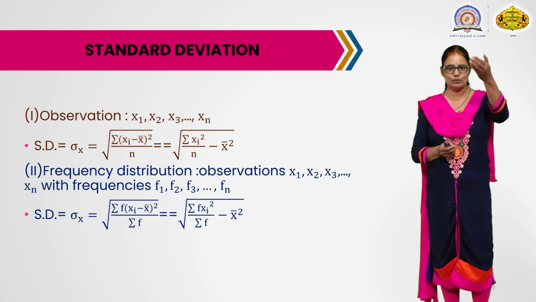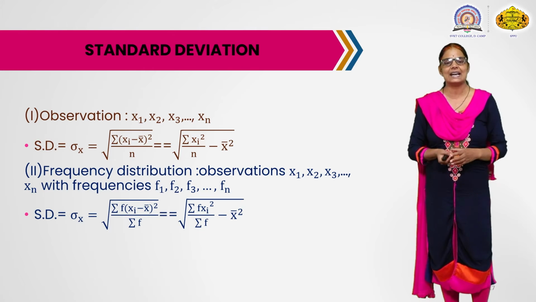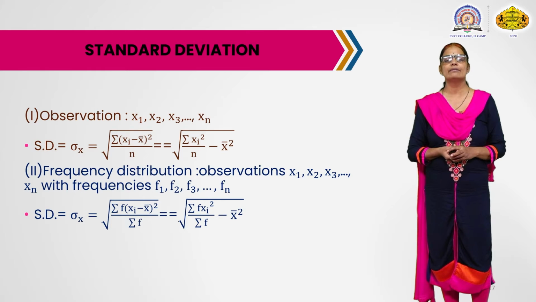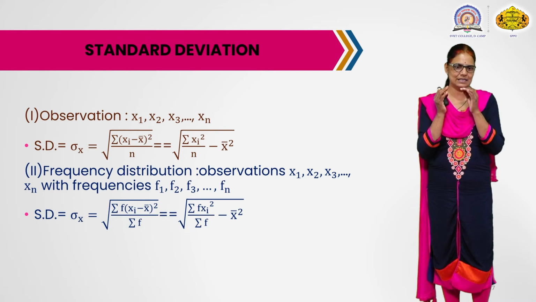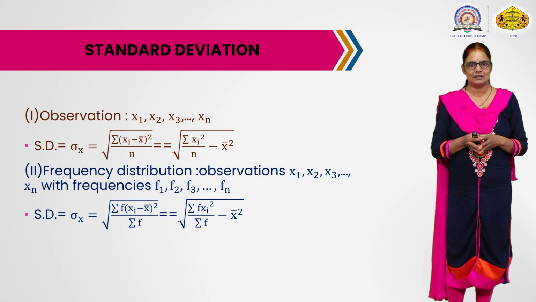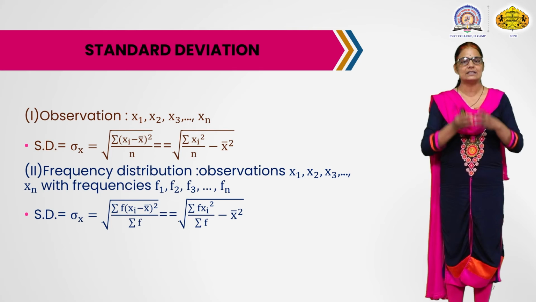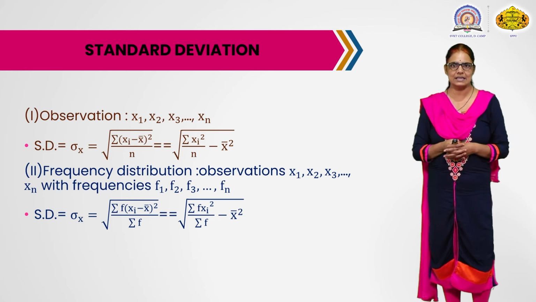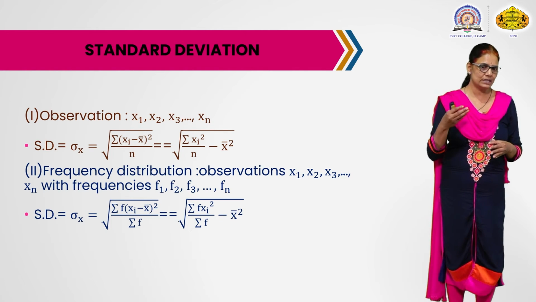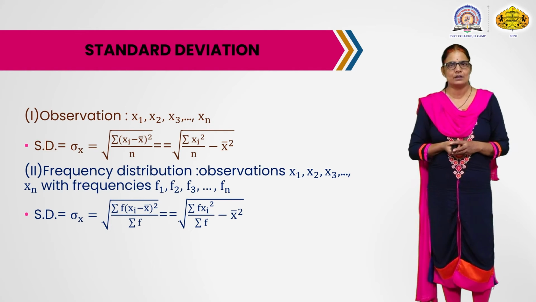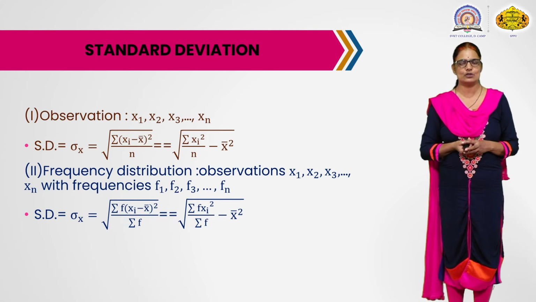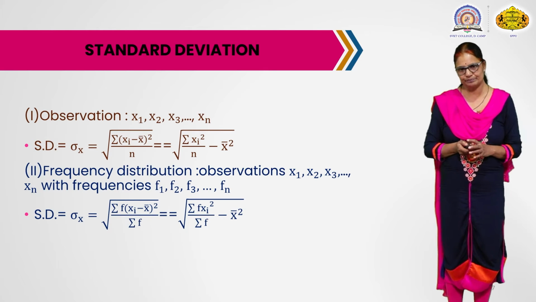This is the formula for standard deviation. We easily generalize the above formula here. The standard deviation is the positive square root of summation of f times, in bracket, xi minus x bar square, upon summation of f. And if you apply the formula, simplify it, that is just squaring the term xi minus x bar, simplify it, cancel the common term, the output is again SD equals the square root of summation of f into xi square upon summation of f minus x bar square.